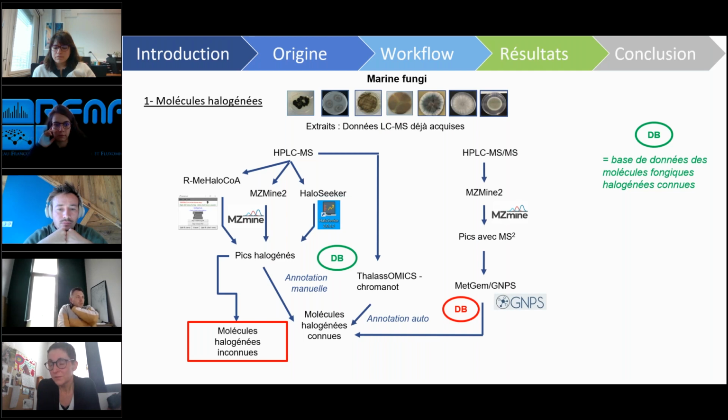We also want to look at another way to detect those halogenated molecules by using HPLC MSMS data. So the idea here is that we can use molecular networks that we can generate with MedGem and GNPS.